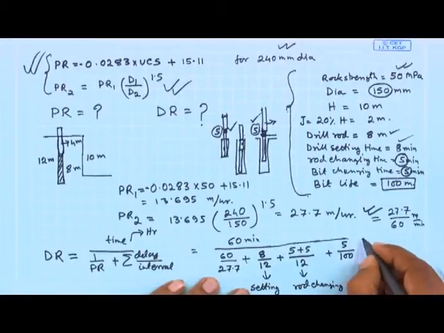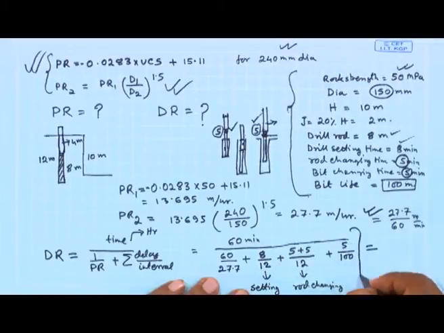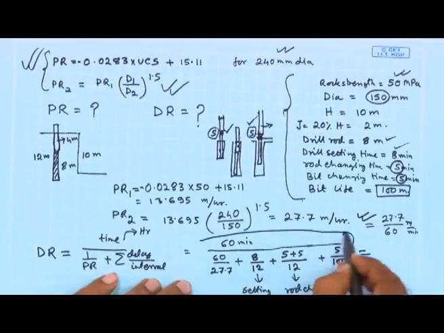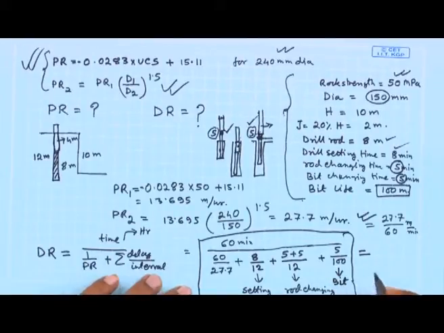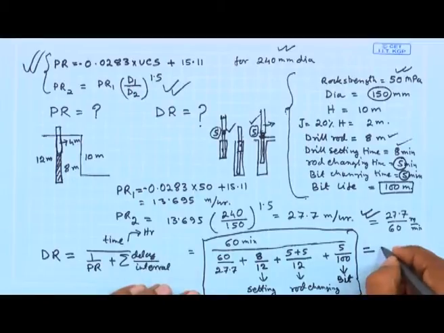And if you solve this one, considering this total expression, this is for bit changing, the value you will get is 16.17 meter.